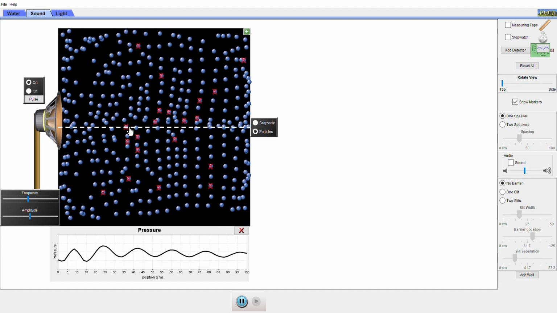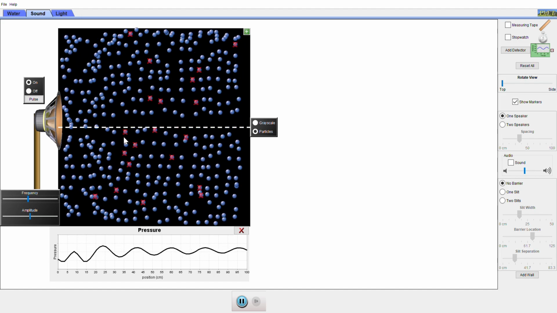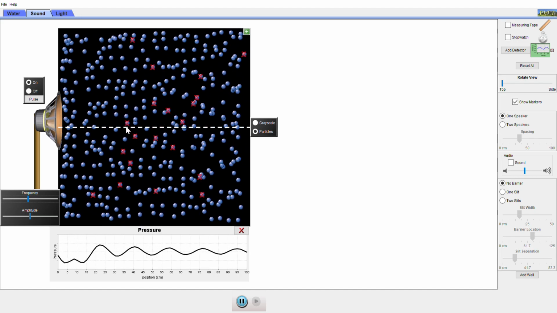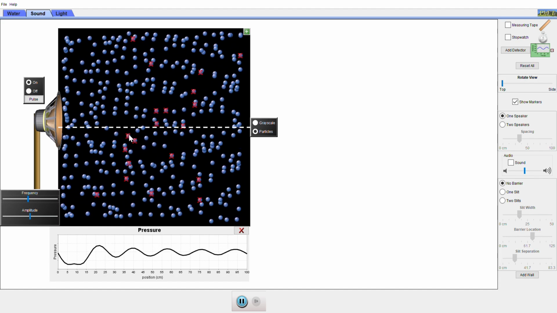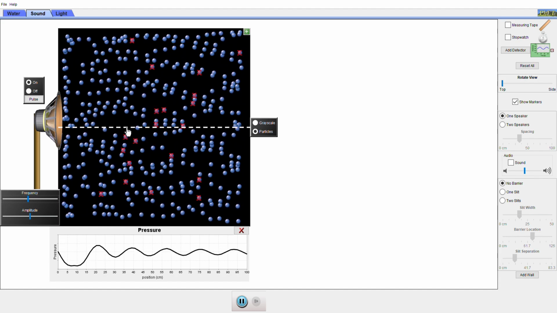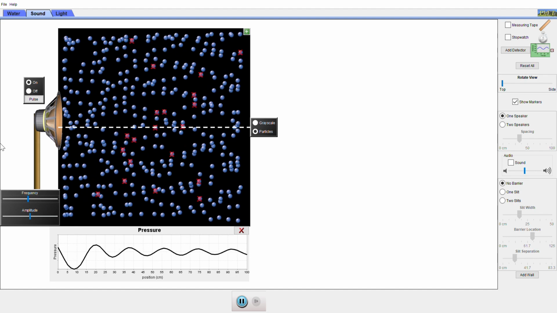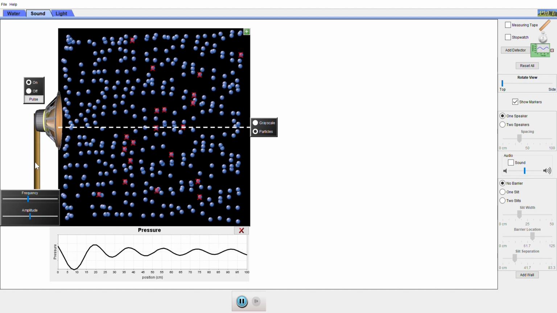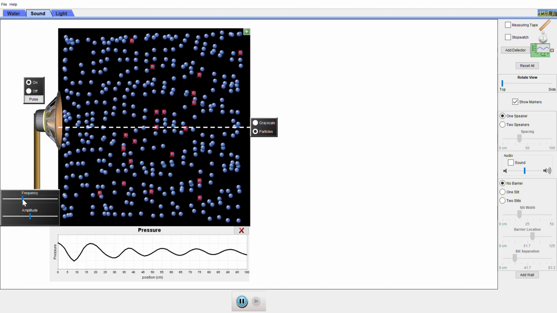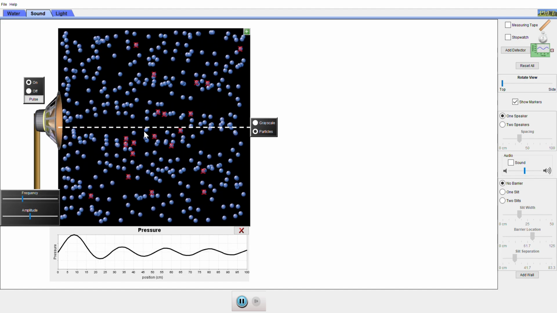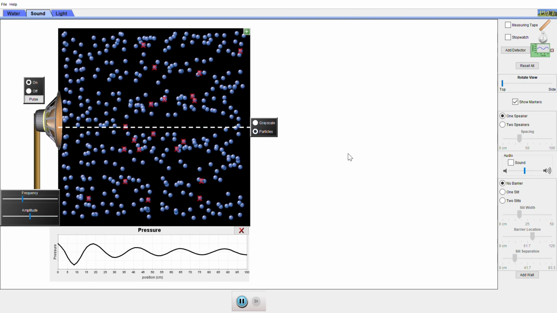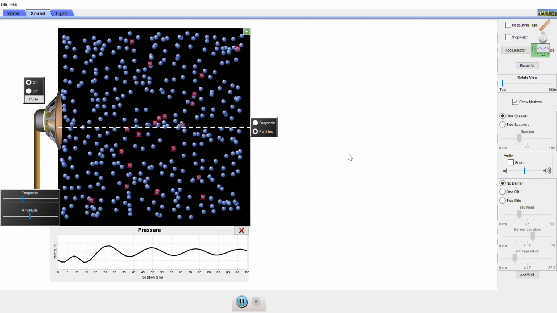You can see that these molecules are not moving through the room. They're just moving back and forth a little bit. They're just bumping into a molecule that's nearby and transferring that energy and creating this wave that moves through the room. Okay, so sound waves.